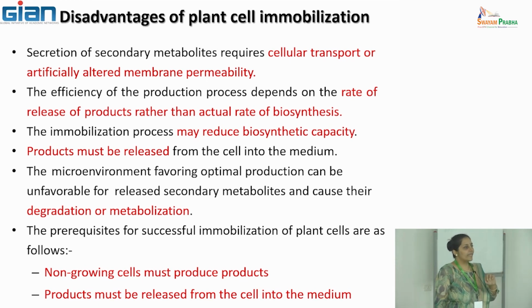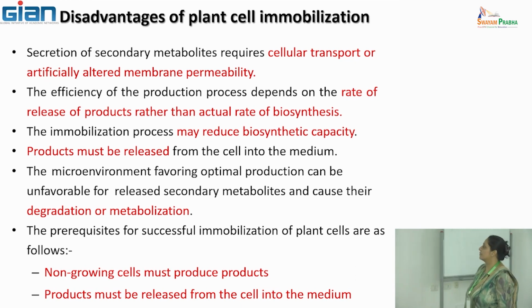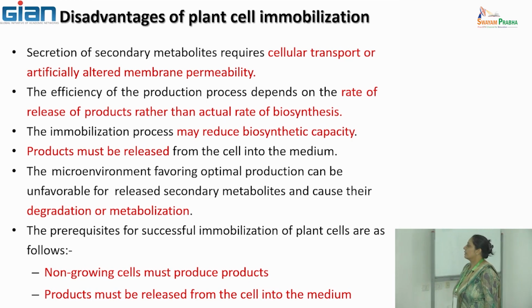So the rate at which the product will be released from the immobilized cells becomes your rate limiting step for high productivities to be achieved. It may work both ways. Sometimes the immobilization, the microenvironment which gets created inside, can be an elicitor acting phenomenon to give further acceleration in secondary metabolism.